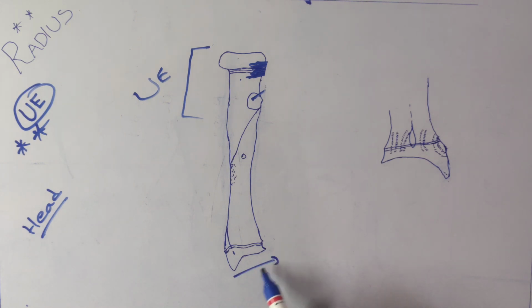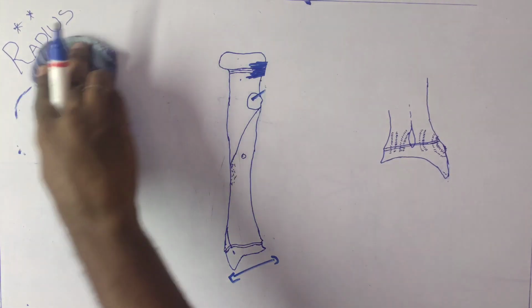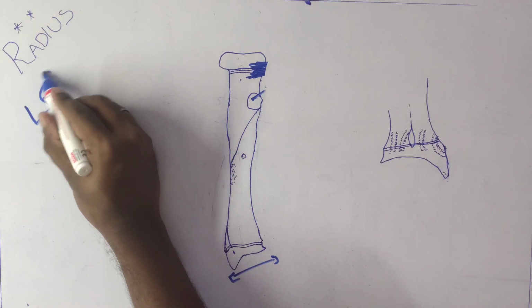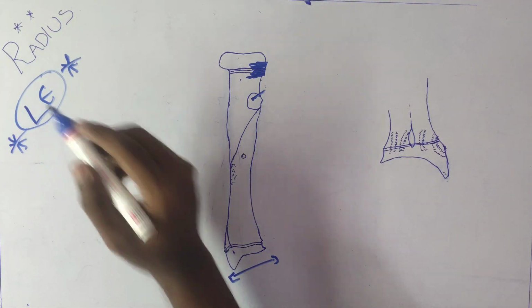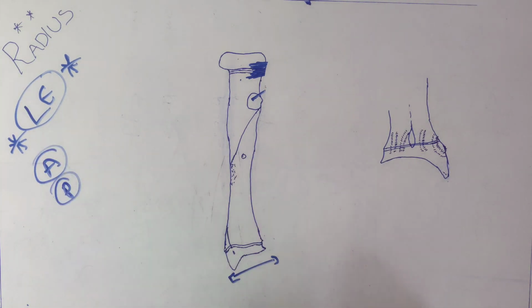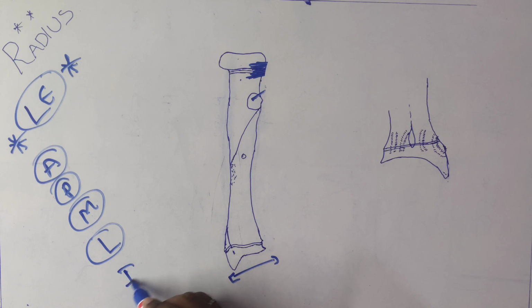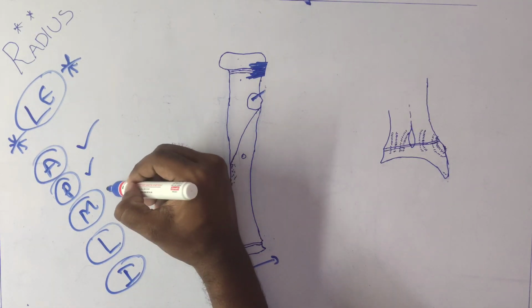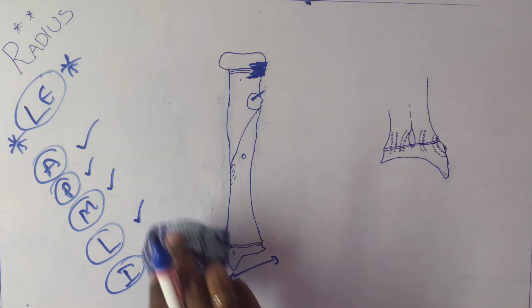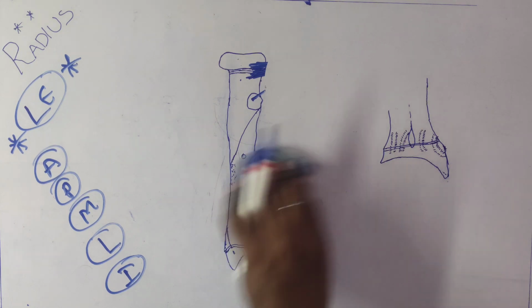The lower end is also very important for 5 marks questions. Now the lower end has 5 surfaces: first one is the anterior surface, second the posterior surface, third the medial surface, fourth the lateral surface, and fifth the inferior surface. Now we are going to discuss all about these 5 surfaces.